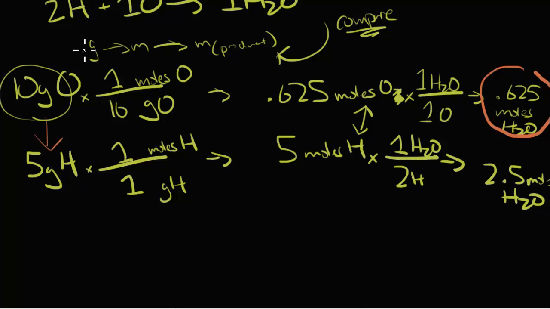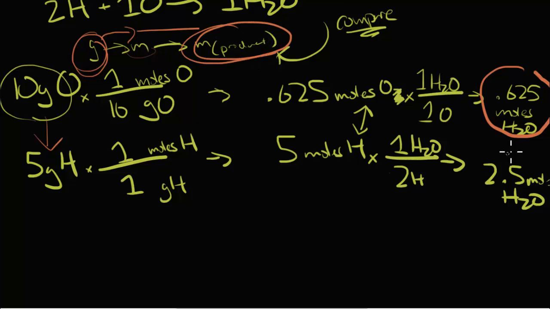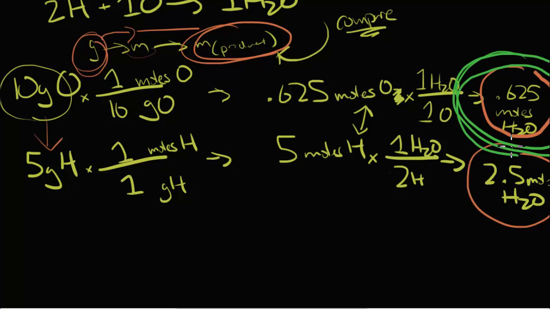But we couldn't compare things based on just their grams, just on the mass. We had to convert these into not just their moles, but also moles of product, which we have here and here. So obviously, when looking at these two numbers, this one is smaller. So oxygen is the limiting reagent because it can make less overall product.